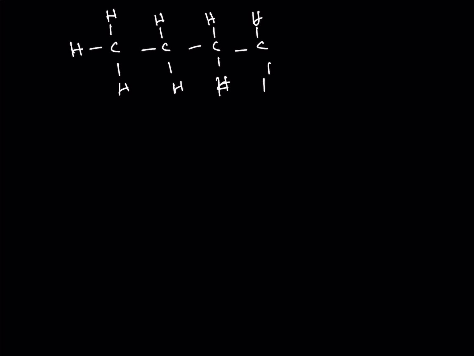You can also cross check it by writing the entire structure if you want to. So just bear with me on this. So we basically have 4 CC bonds. Okay, 4 CC bonds are there.